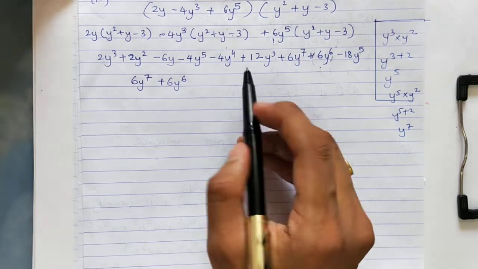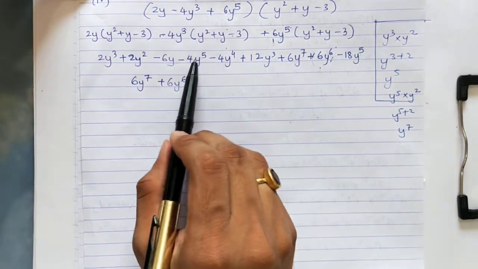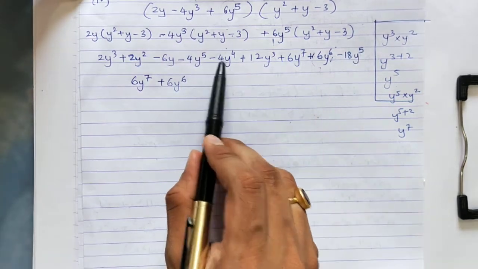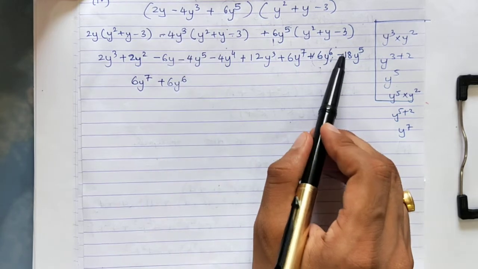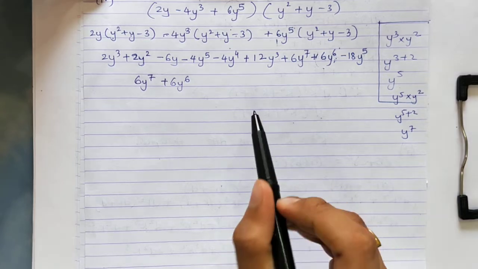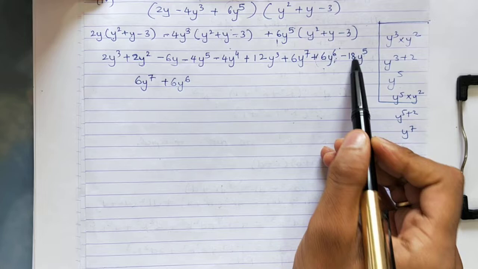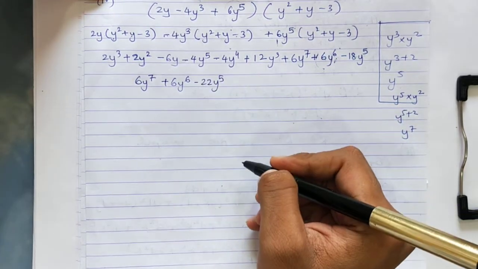Then I have y5 here, and there is one more y5. So minus 18y5 minus 4y5, which is minus 22y5.